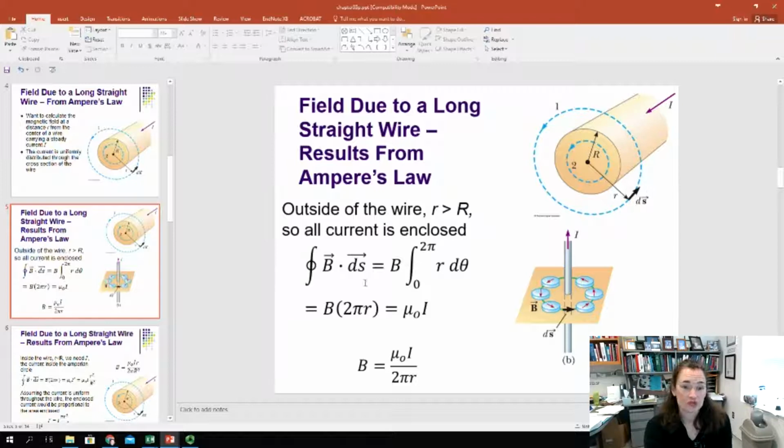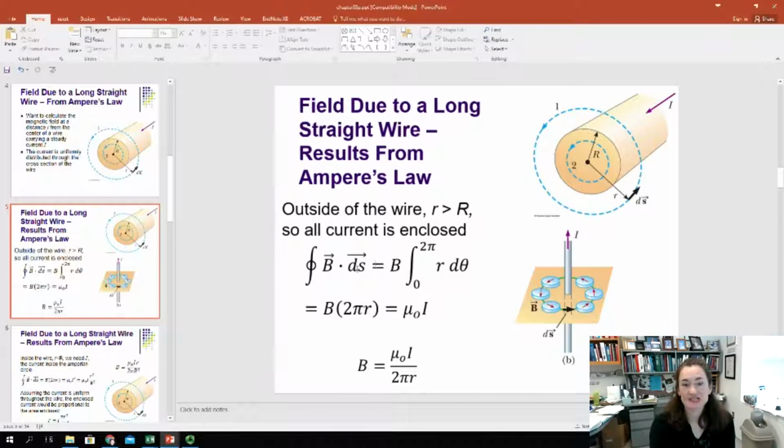When you take a vector dot product, you're doing vector 1 magnitude times vector 2 magnitude times the cosine of the angle between vector 1 and vector 2. So here we would have B ds cosine theta. But because B and ds are parallel, cosine of theta is cosine of 0, which is 1.